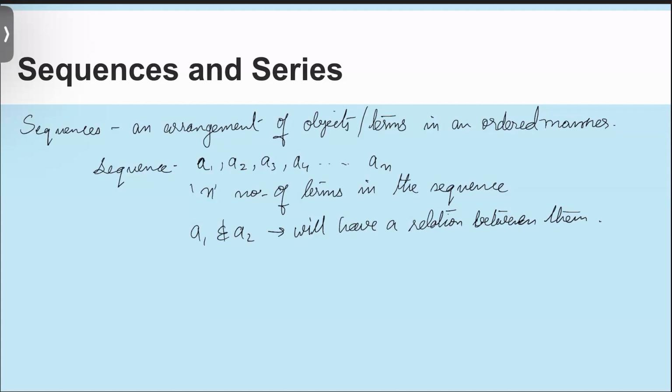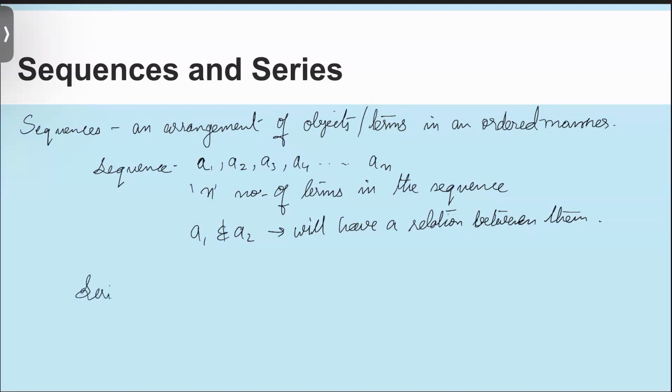This is what we have seen even previously. We also learned about finite sequences and infinite sequences, which depend on the number of terms described in the sequence.